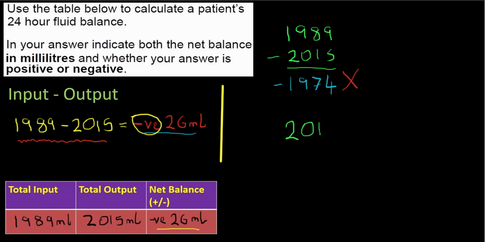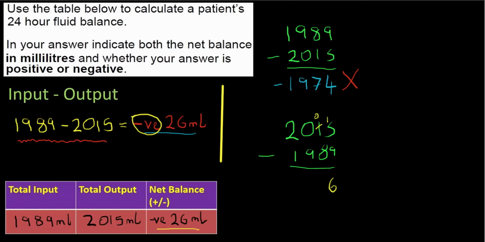So I'm going to put 2015 take away 1989. We already know the answer is negative, so the minus sign has already been taken care of. Now I can say 5 take away 9 doesn't go, so I borrow 1 from there, and the 1 becomes attached to the 5 to become 15. 15 take away 9 is 6, which is looking a little bit more sensible.